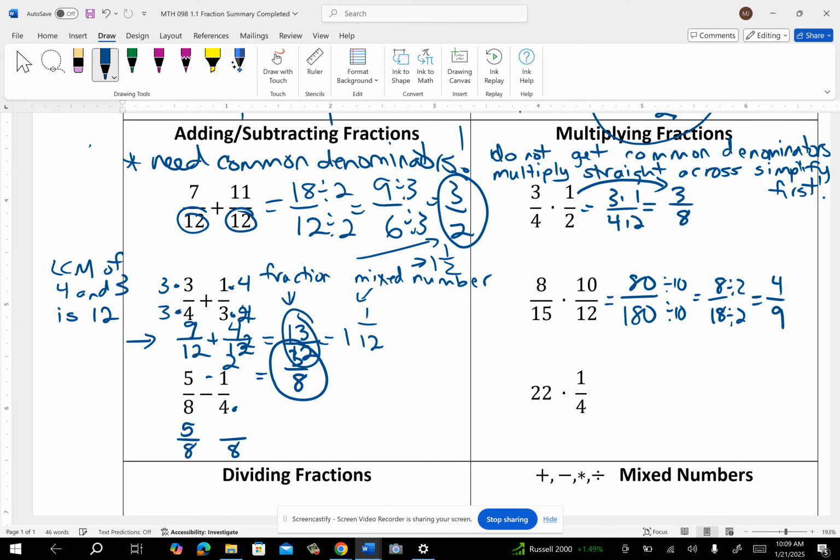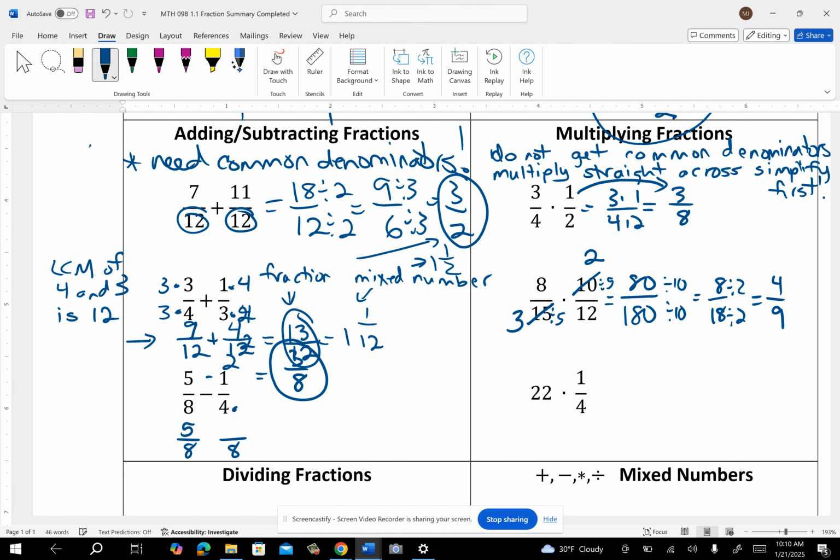But if I would look a little more while the numbers are smaller, like here, and simplify first, what I might have noticed is that 5 would go into 10 twice, and 5 would go into 15 3 times. The hard part is I write down the result of what I'm thinking, so you have to hear what I did. I took 10, I divided by 5, and 15, I divided by 5.